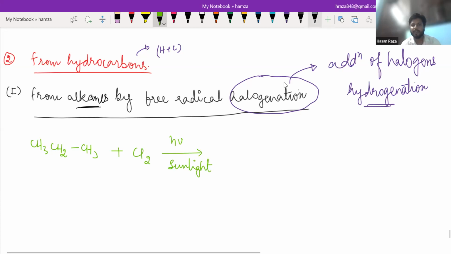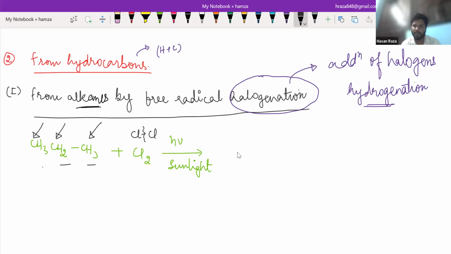So what happens here is very easy. This chlorine will be broken and one of the hydrogens from any carbon can be replaced by chlorine.